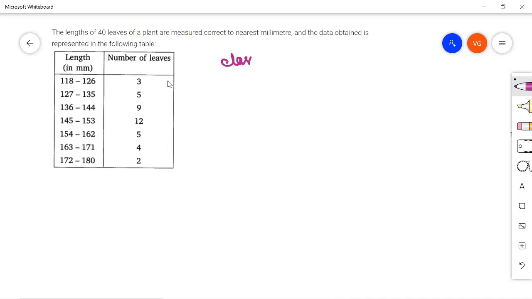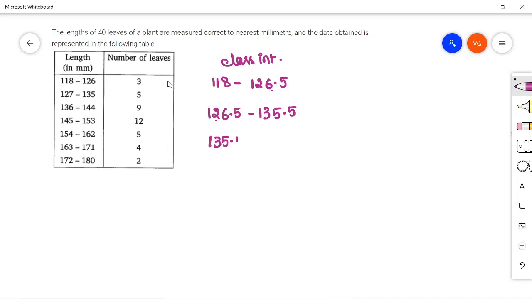So let us redefine the table. I am writing the class interval here, 118 to 126.5. That 0.5 I am adding here and I will reduce the next lower limit, which will be 126.5. So there is continuity in the class interval here, right? So 126.5 to 135.5.